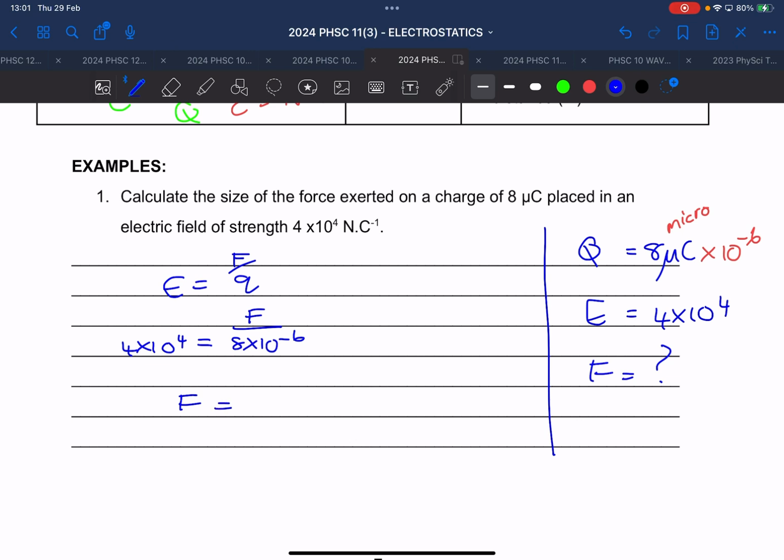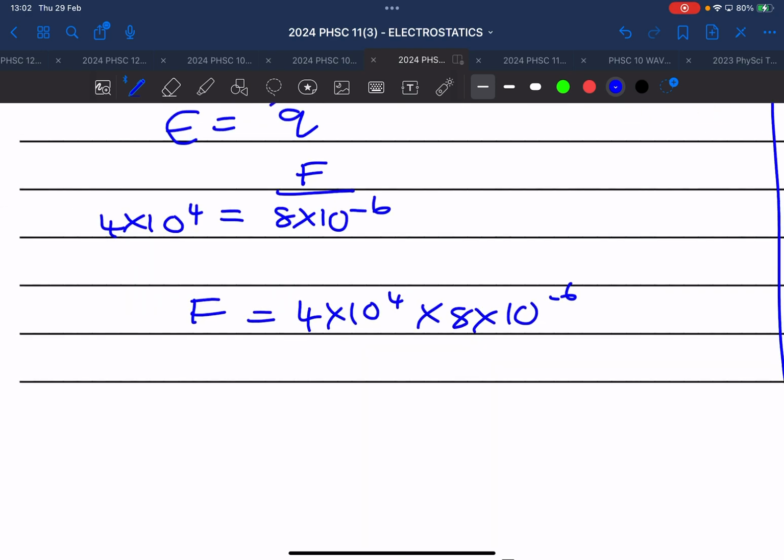In your head, you can do this calculation. First tell me, what are you going to do? Are you going to multiply or divide? Multiply. Okay, so we're going to say 4 times 10 to the power 4 times 8 times 10 to the power negative 6. What is 4 times 8?